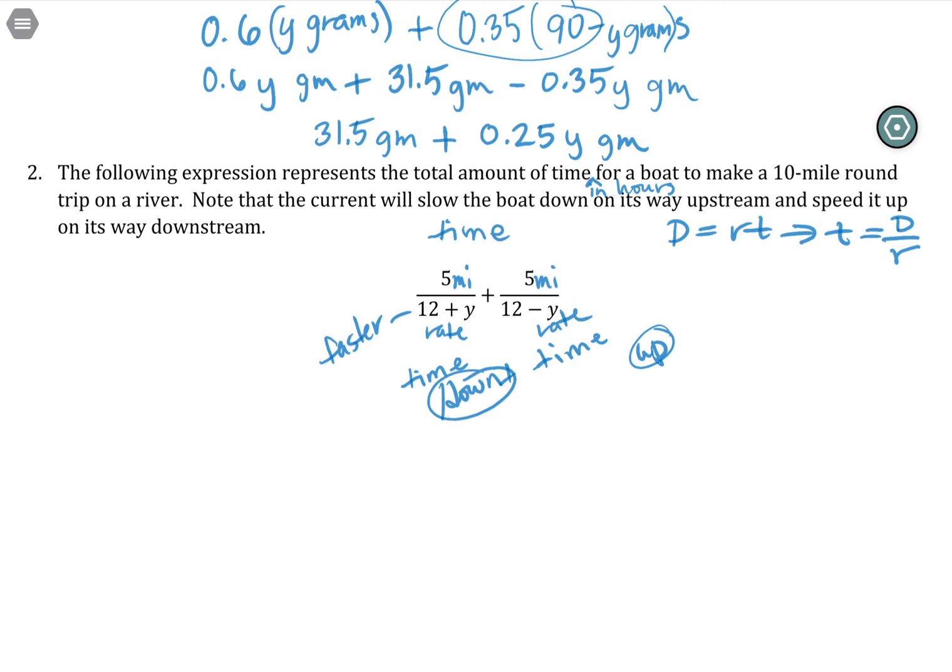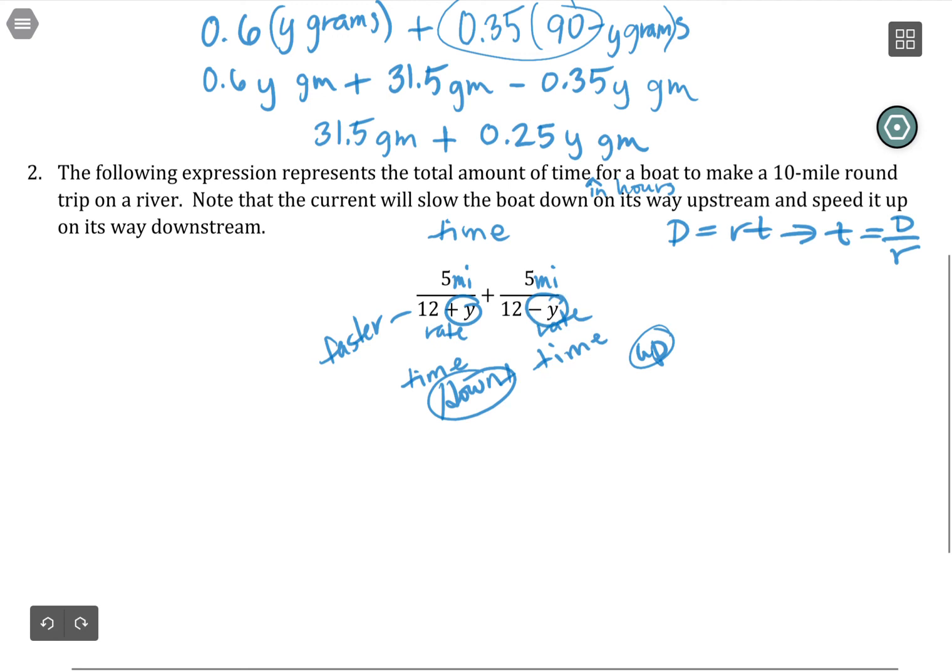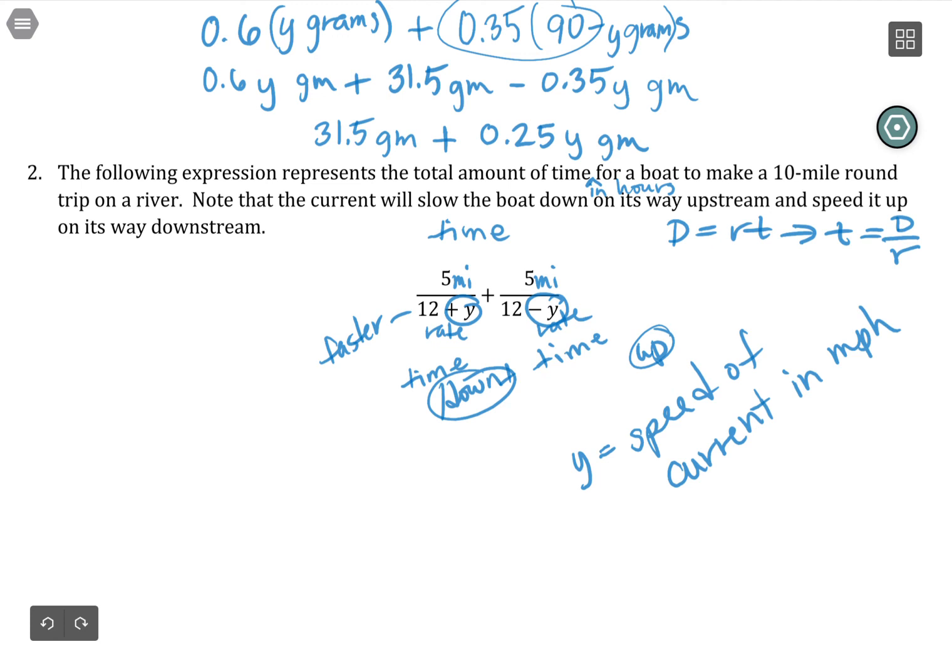So what I think I see here is that if the rate is plus y going one direction and minus y going the other direction, that y probably represents the speed of the current, and it would have to be in miles per hour. That's why I threw that hours back in so you could say for sure.